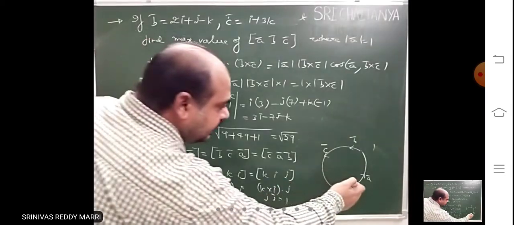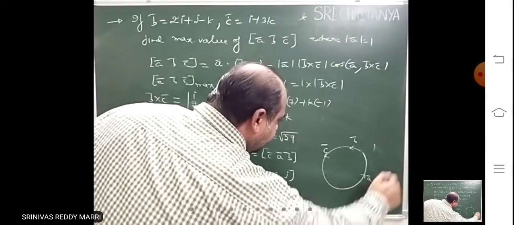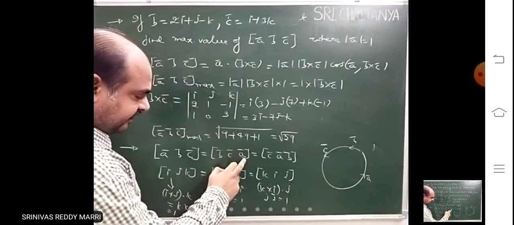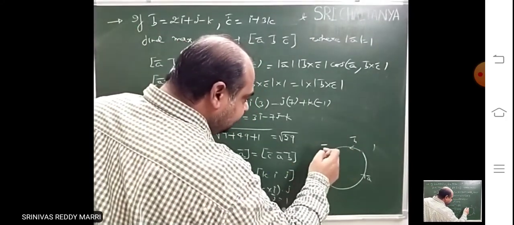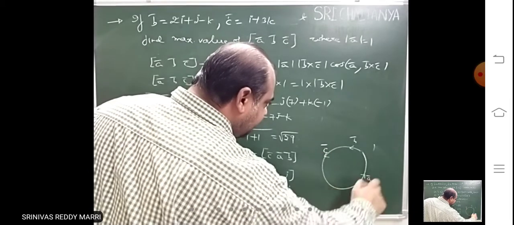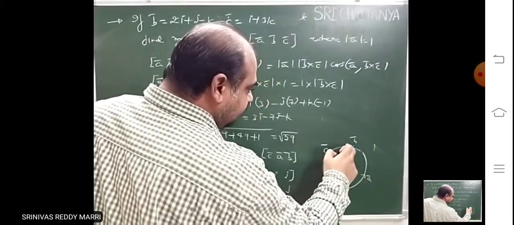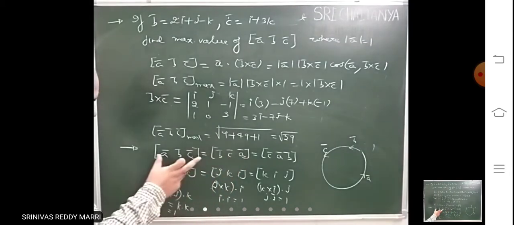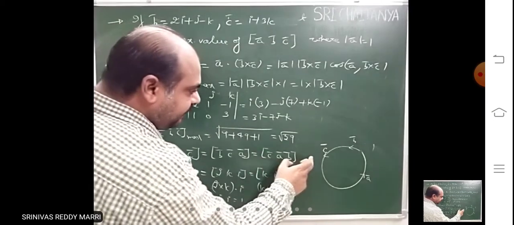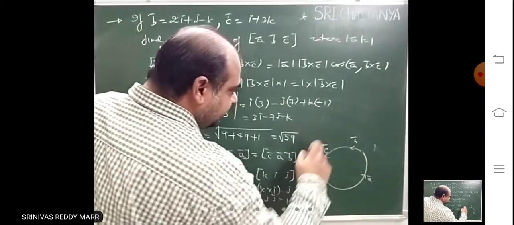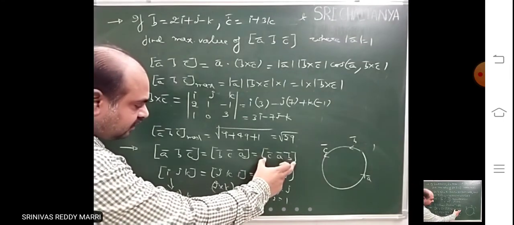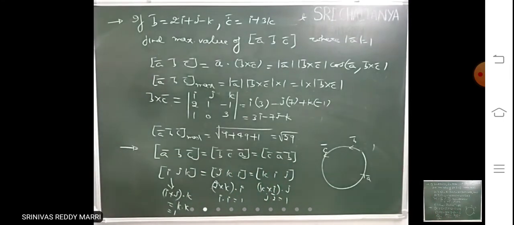If A, B, C are in cyclic order, box of ABC is this. Look at box of B C A: if they are in the same order consecutively, then this is the same as box ABC. Box of C A B, if this is in cyclic order, is also box ABC.